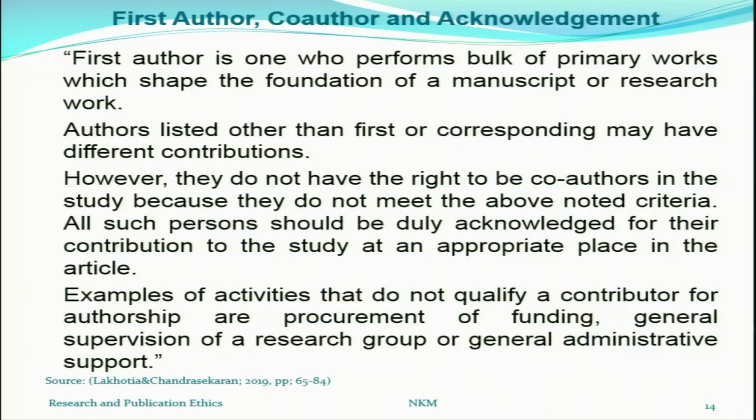There are many other activities performed during the research development or writing of a research paper, like somebody supporting in terms of financial issues, or procuring funding, or somebody generally supervising the research group, or taking administrative support, or editing and drafting, or working on language enhancement. All these people contribute to the development of research, and their contributions should and must be acknowledged at the appropriate places, but they cannot qualify as authors. We have to understand this idea very clearly.